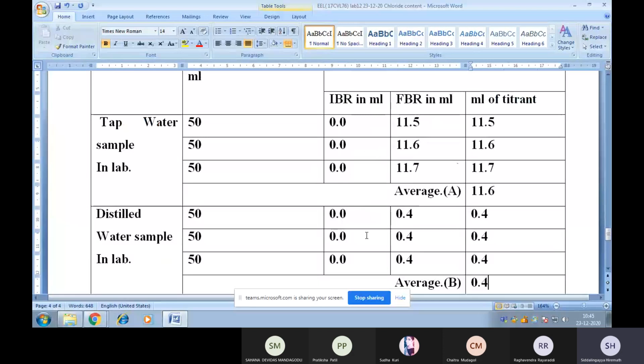Here the volume of sample we have considered is 50 ml.